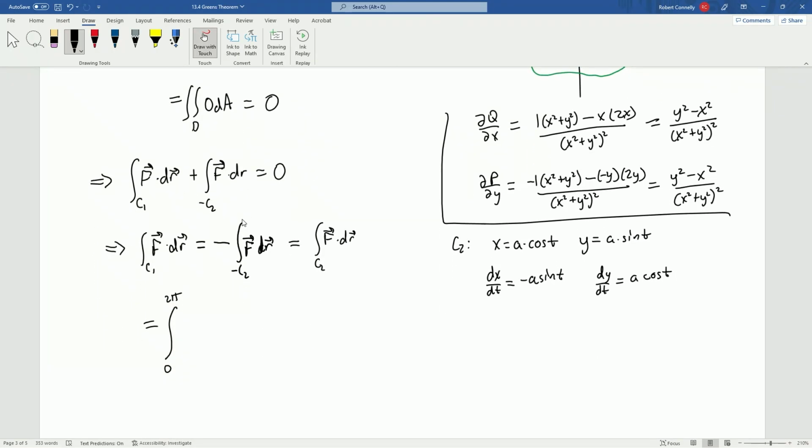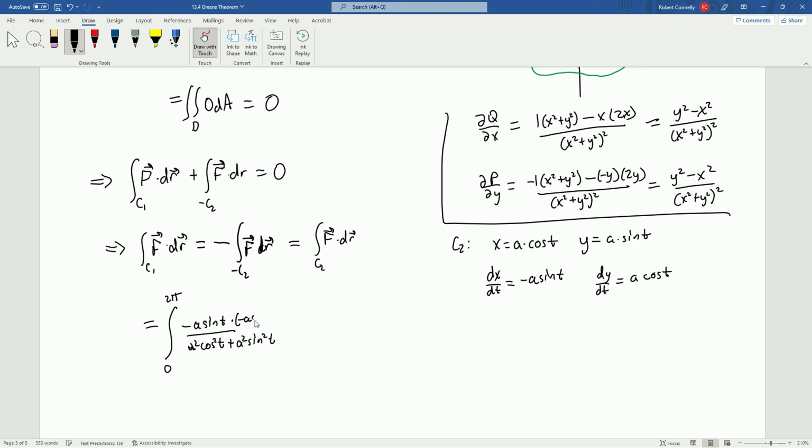So that's negative y over x squared, which is a squared cosine squared of t, plus y squared, multiplied by the derivative with respect to t of x.